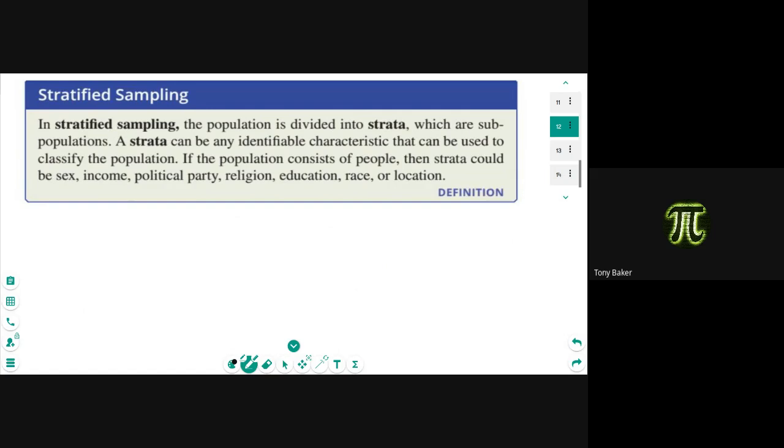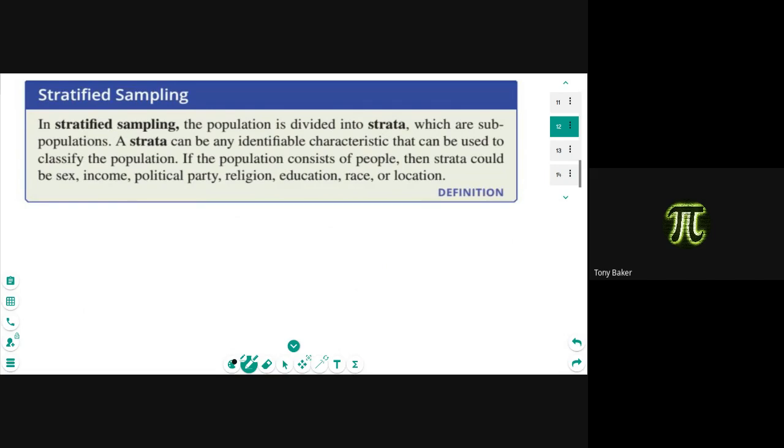They're identifying characteristics, like major, sex, region of the country, number of credit hours. Those things are all ways to identify characteristics of a person that we can then look at and break down into populations. Okay?